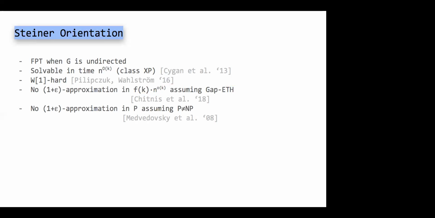And also there is some other epsilon known such that a 1 plus epsilon approximation in polynomial time would imply P equals NP. So we know that it doesn't admit a PTAS in any of these regimes. But already the question whether it has a constant approximation, or any non-trivial approximation, was open.